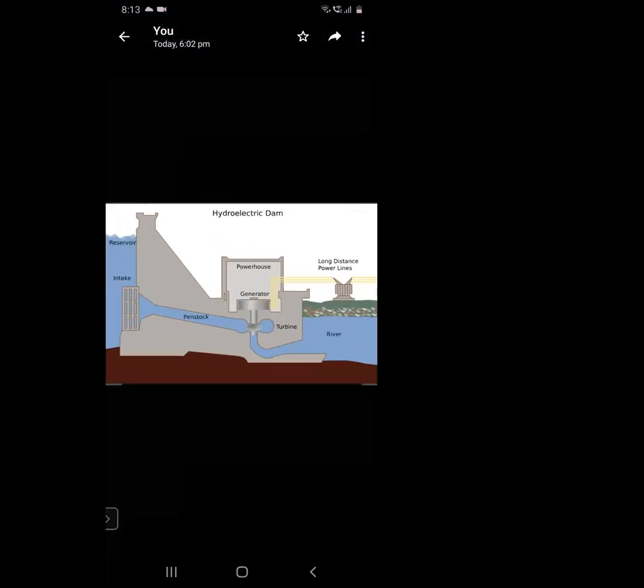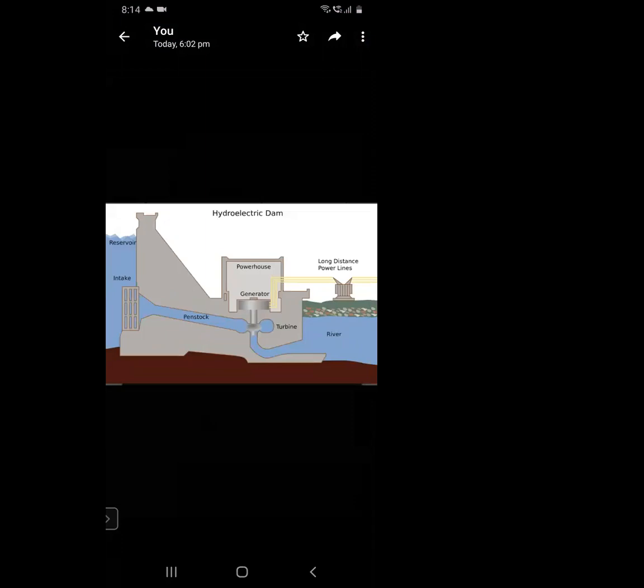Okay, so this is a diagram that I wanted to share with you, of a hydroelectric power dam. You can see that the water level on the left side is higher, and that's a reservoir.